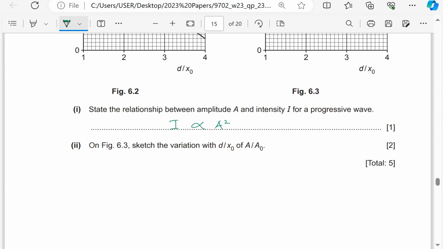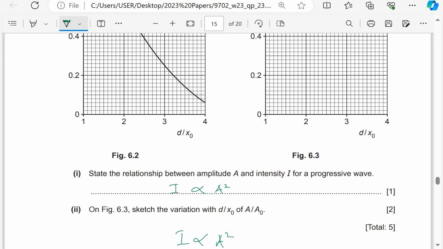So since I is directly proportional to amplitude squared, then A is directly proportional to the square root of I. Okay, so that is now going to be a straight line.